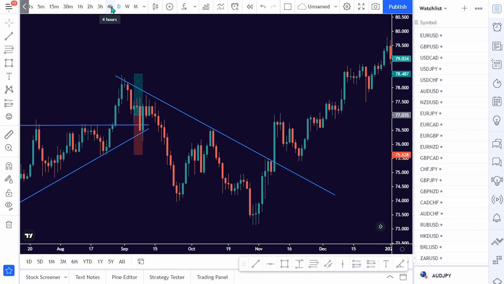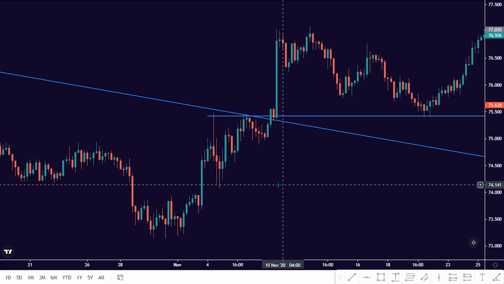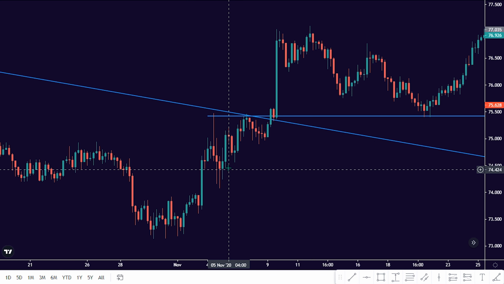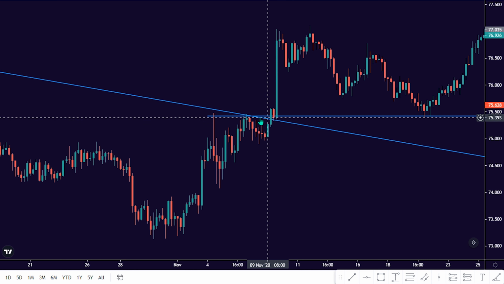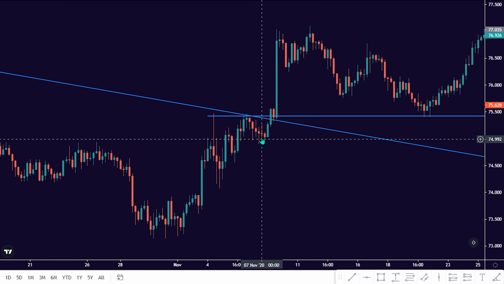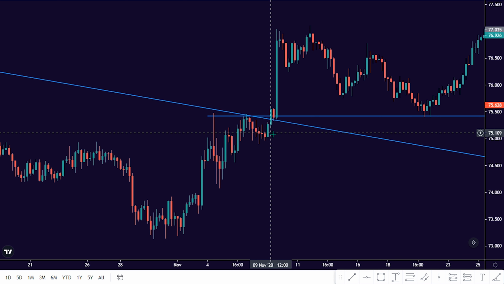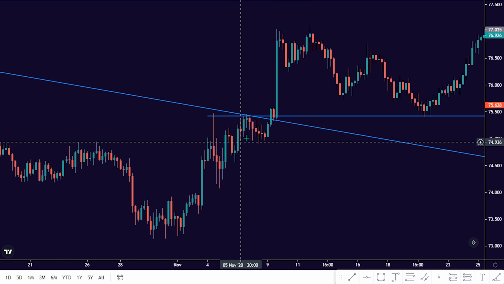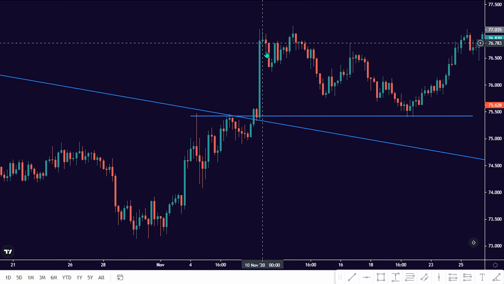Now let's see the 4-hour chart frame. We can see the formation of higher highs and higher lows to the dynamic resistance trendline here. The formation of this wave was in line with the double bottom long-term continuation pattern on the daily time frame. We can see the massive bullish breakout.